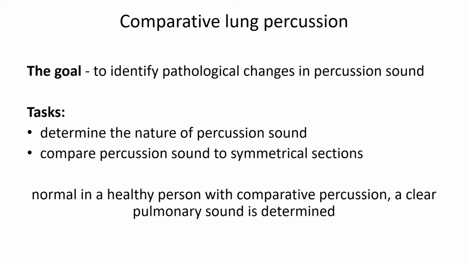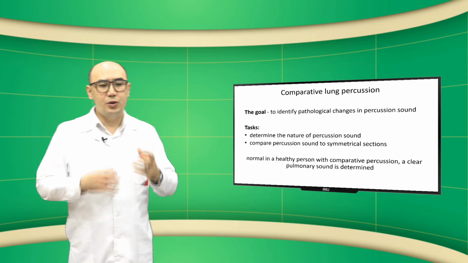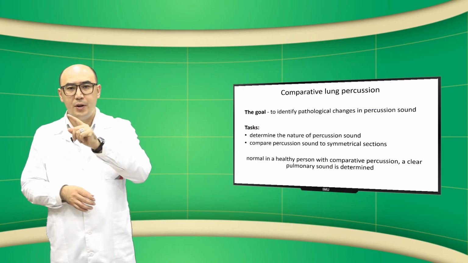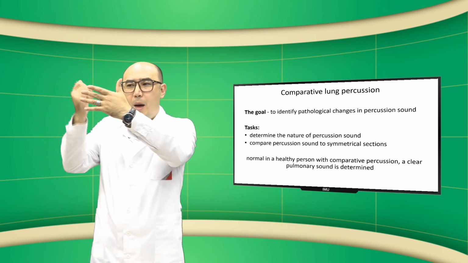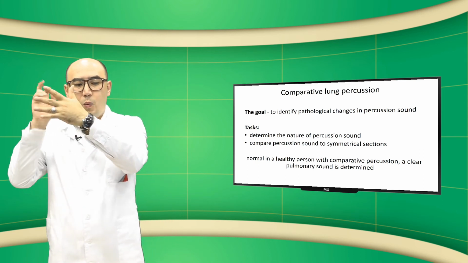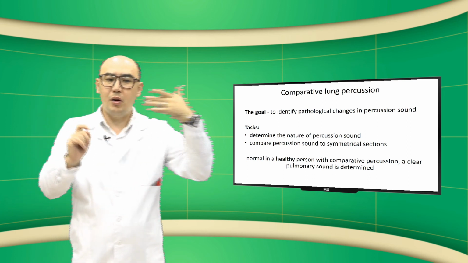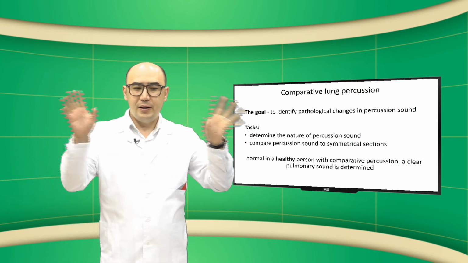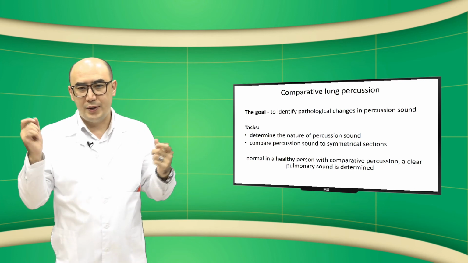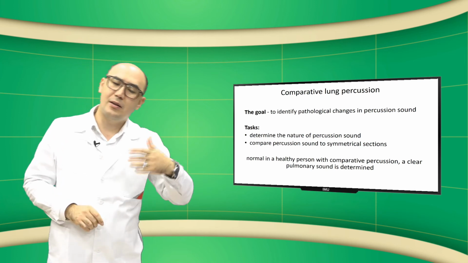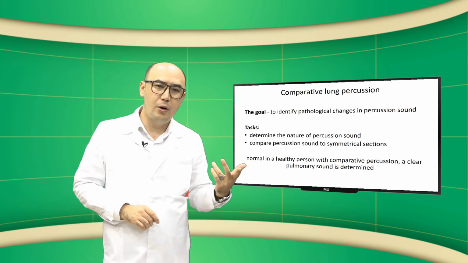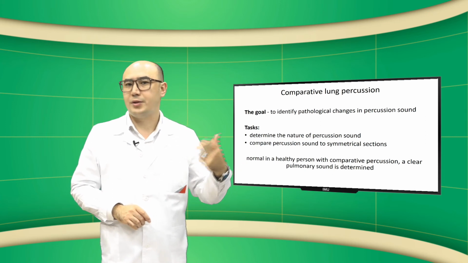What does this mean? When you percuss the upper lobe of the lung in a healthy person, the same sound must be heard on the opposite side. If the sound is different, it means that on one side there is a problem, disease, or some syndrome.